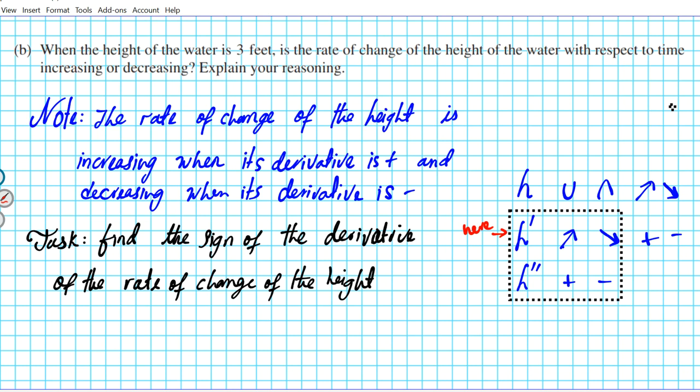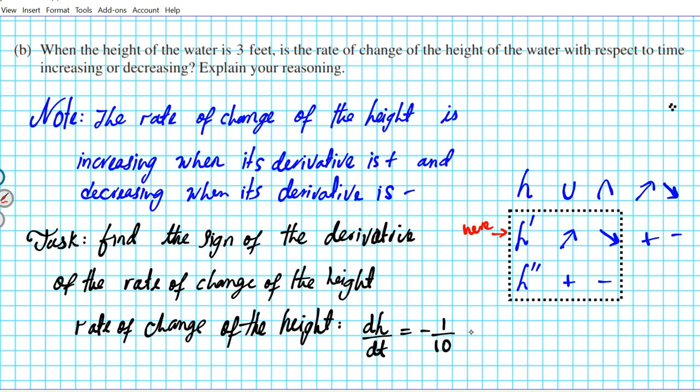Let's start from what we know. Okay? We know what the rate of change of the height is. The rate of change of the height is given by dh/dt. Okay? dh/dt is equal to negative 1 over 10 root h.